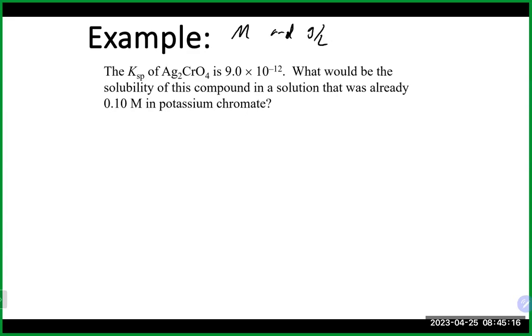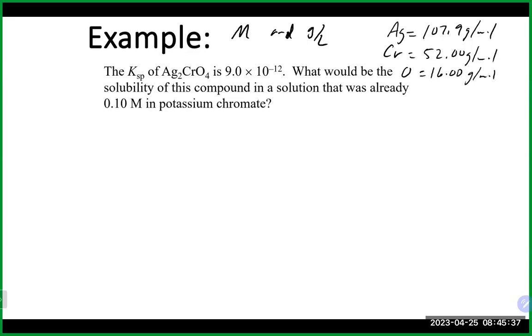And I'll give you some numbers. Silver, as we were just using, is 107.9. Chromium is 52. And oxygen is 16. All right, so take a couple moments here, calculate the molar solubility and also the solubility in grams per liter.